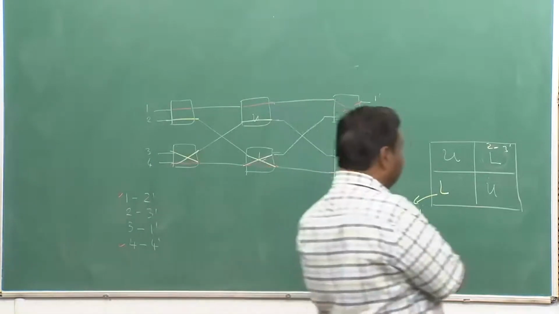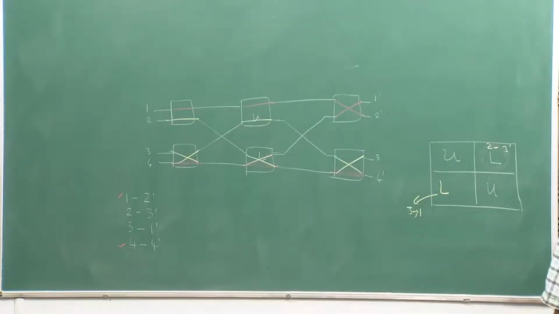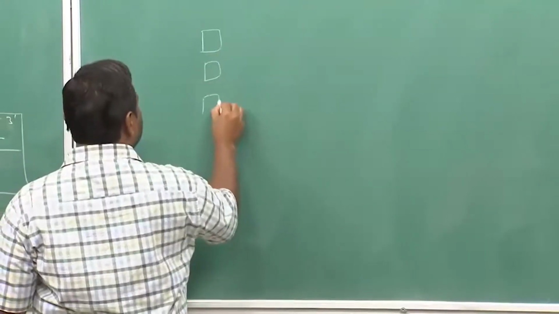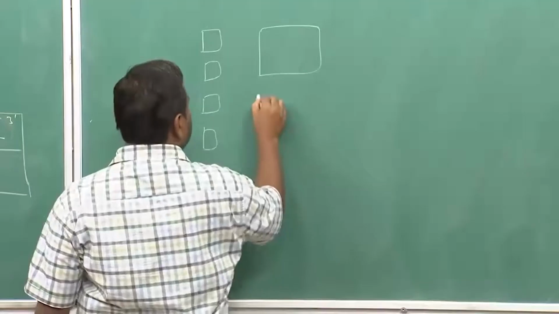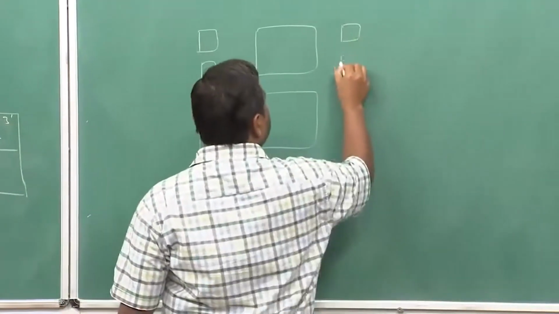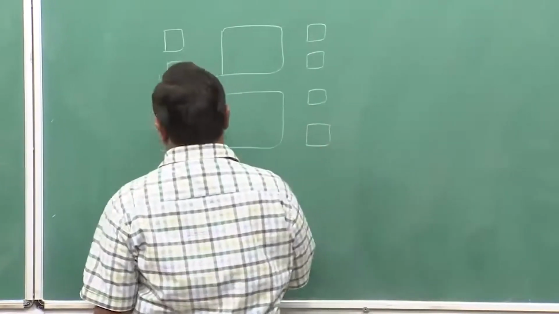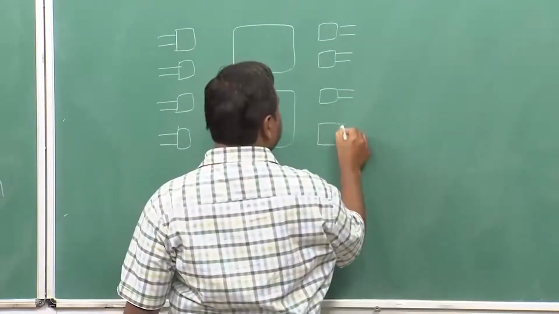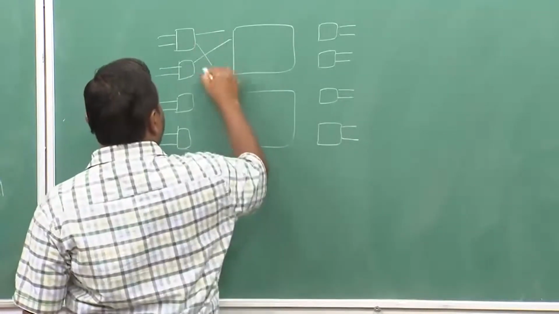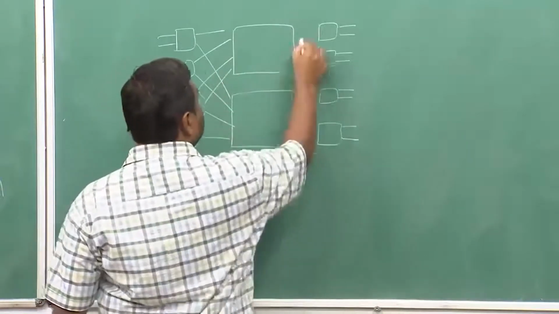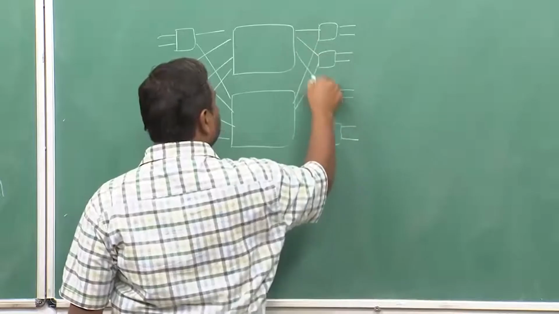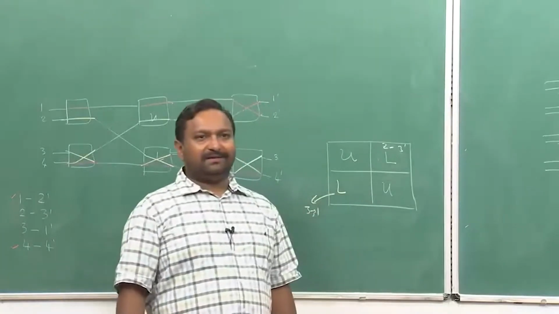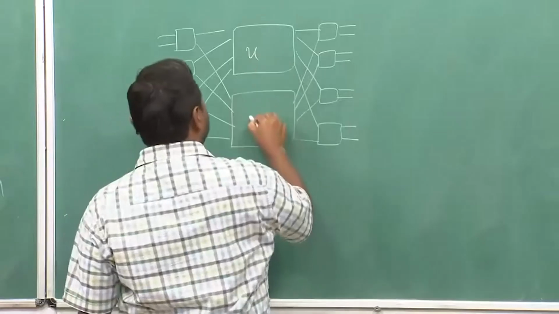So let us do it for an 8 by 8, so that my Paull's matrix size will be larger. I am not looking at the looping algorithm here. So we have again an 8 by 8 network, and it is also rearrangeably non-blocking, you can clearly see.